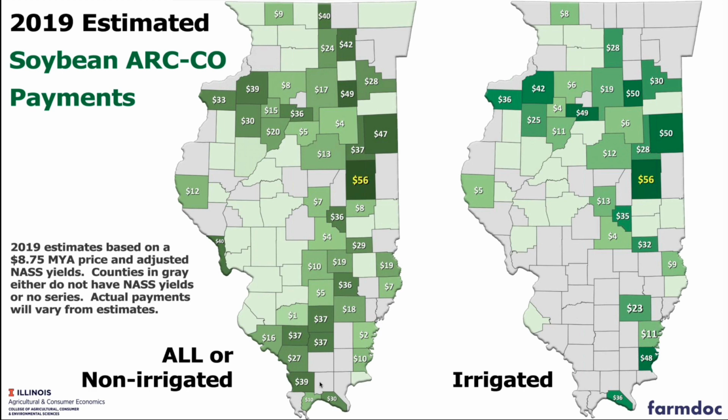Yeah, and just to clarify, we're getting a few questions on yields. So maybe make a few points. Again, the maps you see on your screen right now, there's obviously the counties that have a dollar amount label. That's the payment estimate. That's based on the yield that was reported by NASS, adjusted with a Gary adjustment, if you will.